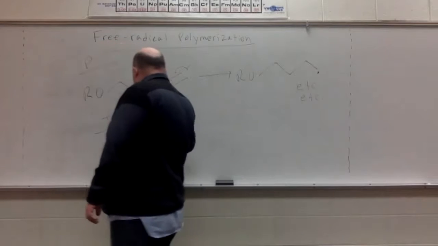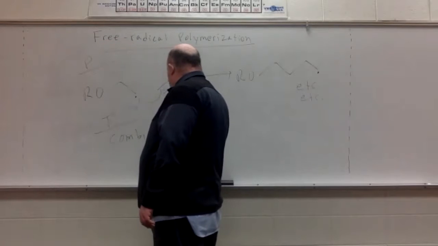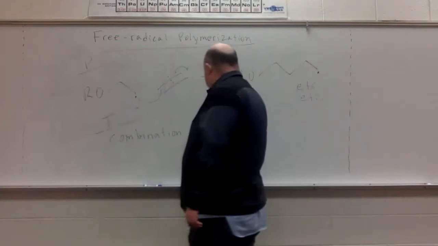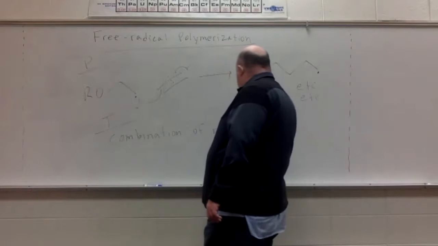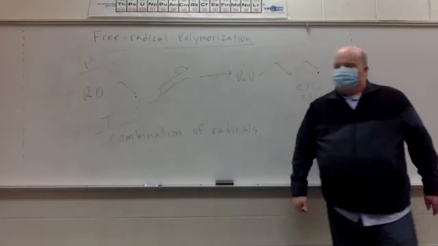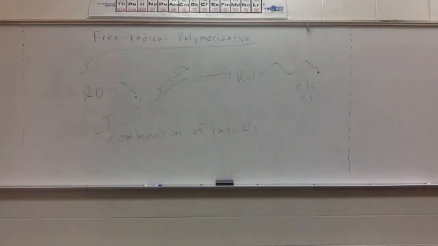And again, there's lots of different types of combinations of radicals we can get. I'm not going to go through all of them, but suffice it to say, if you have 2 radicals, they combine, make a dead chain, is what we call it. Don't produce any living radicals, that is a termination.